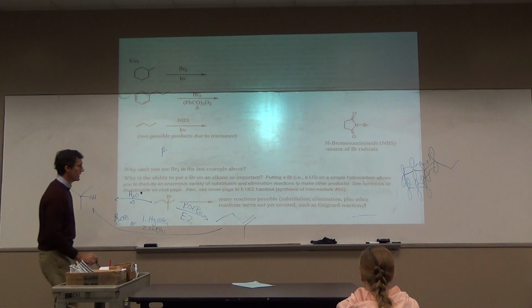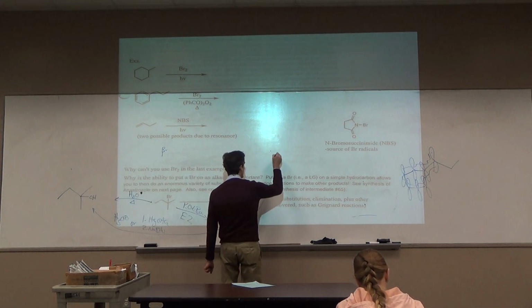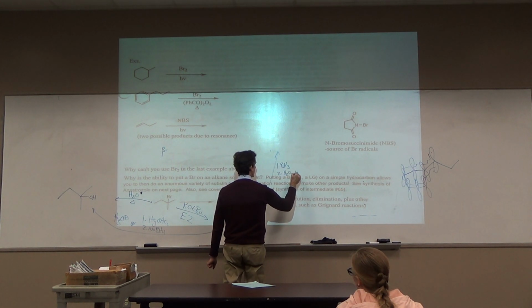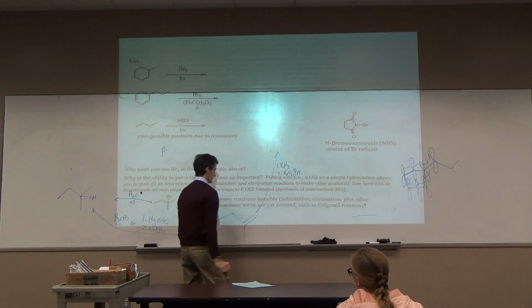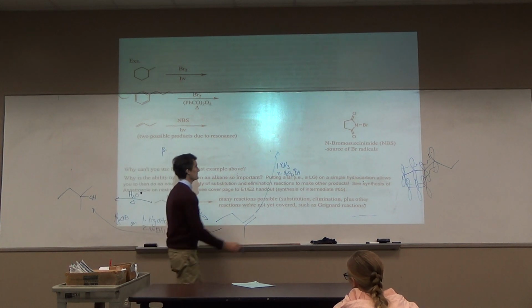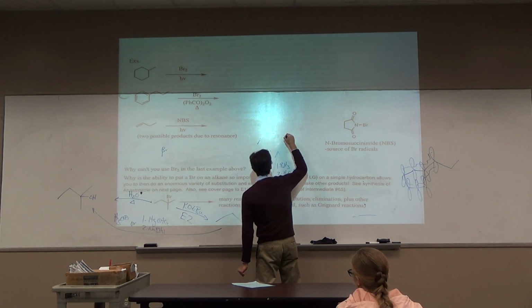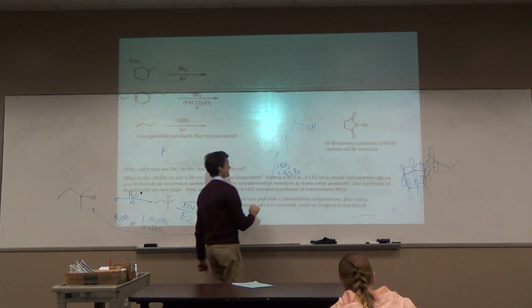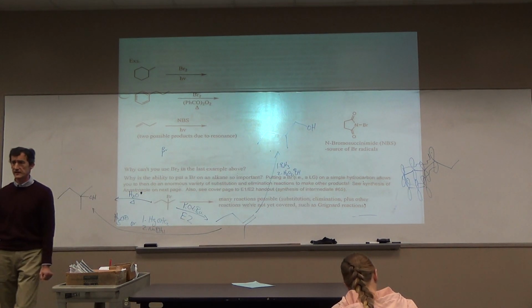On the other hand, I'll come up here. What if we react that with BH3 followed by hydrogen peroxide and hydroxide? We're going to make the other alcohol, right? The anti-Markovnikov alcohol.